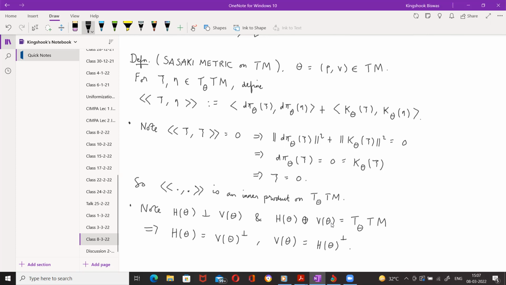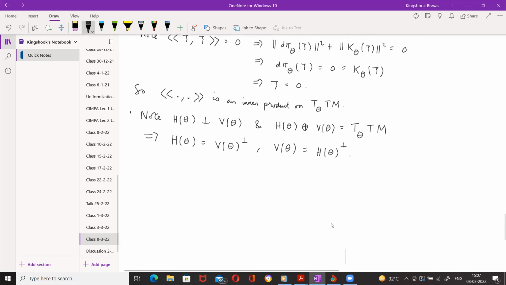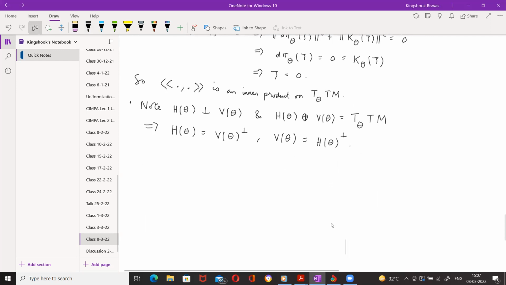Is this clear? Yes. So we've got the picture that we wanted. The horizontal and vertical become perpendicular to each other. And these d pi theta, k theta, you can think of as orthogonal projections, actually, right? Yes. Okay.